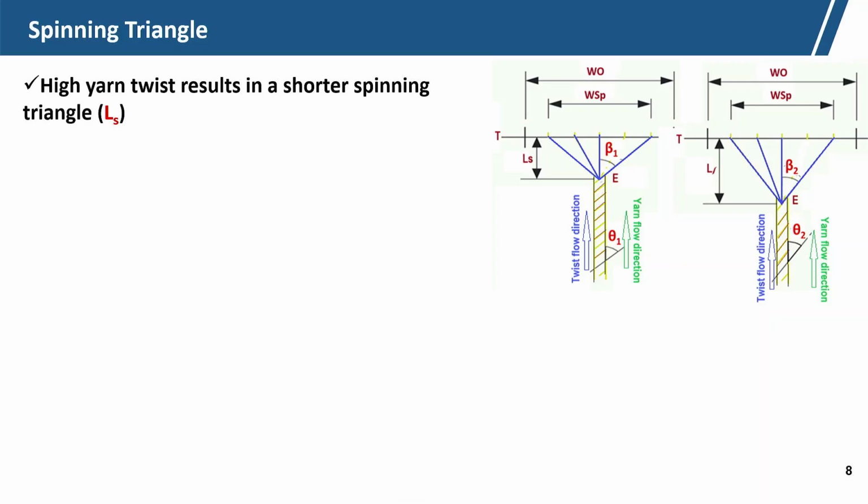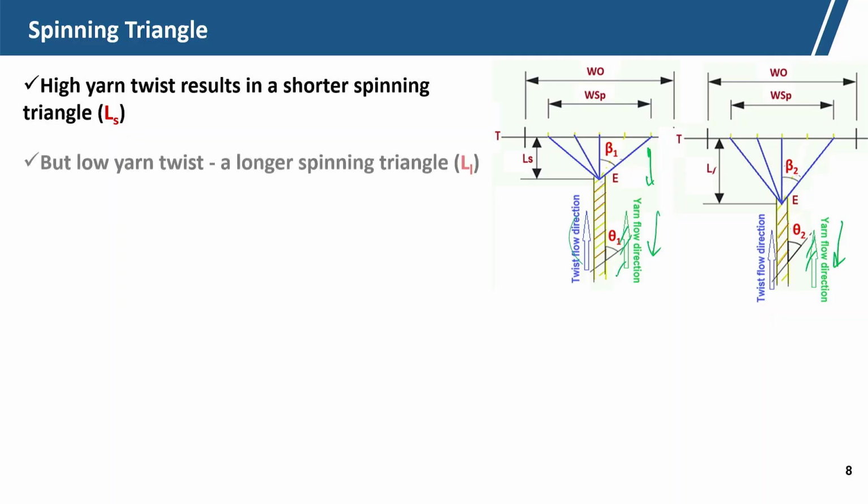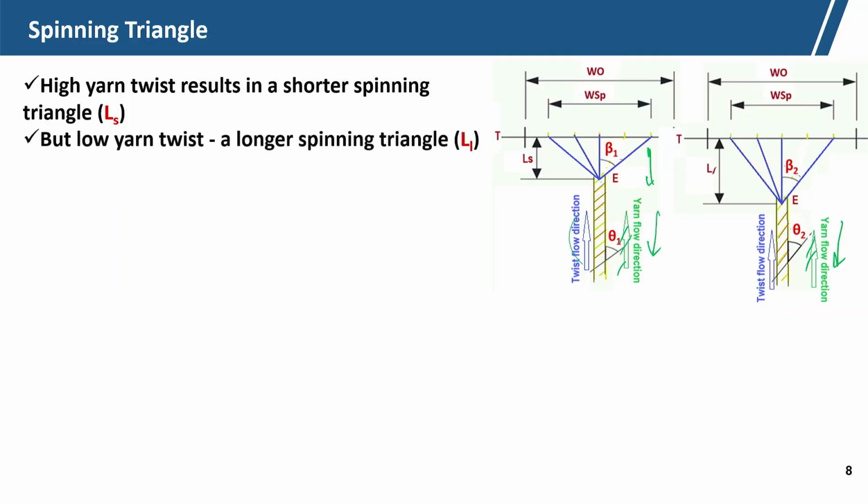High yarn twist results in a shorter spinning triangle LS. So, for high yarn twist, this is the direction of yarn flow, but low yarn twist will have a longer spinning triangle.